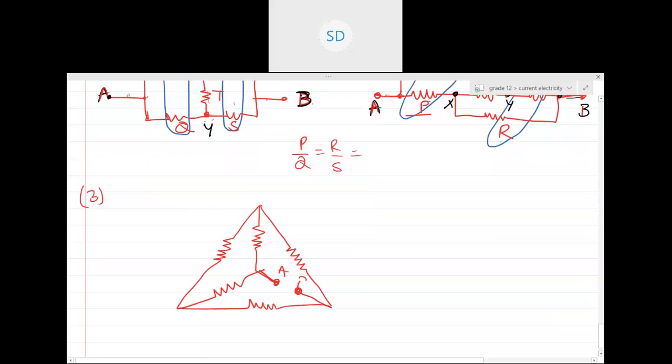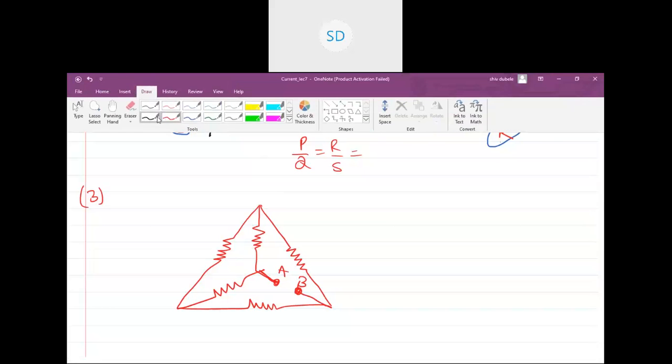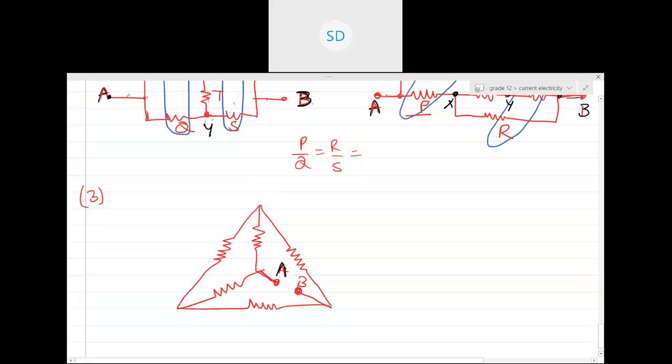This is also Wheatstone. Sir, how is this Wheatstone? Can you see points A and B? Yes. This is X and this is Y. So this is basically the P, the Q, the T, the R, the S. So how do you read it here?